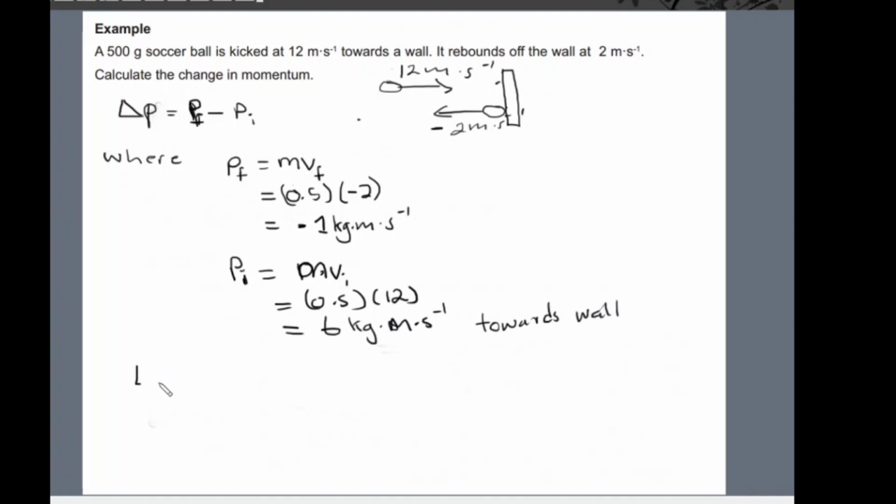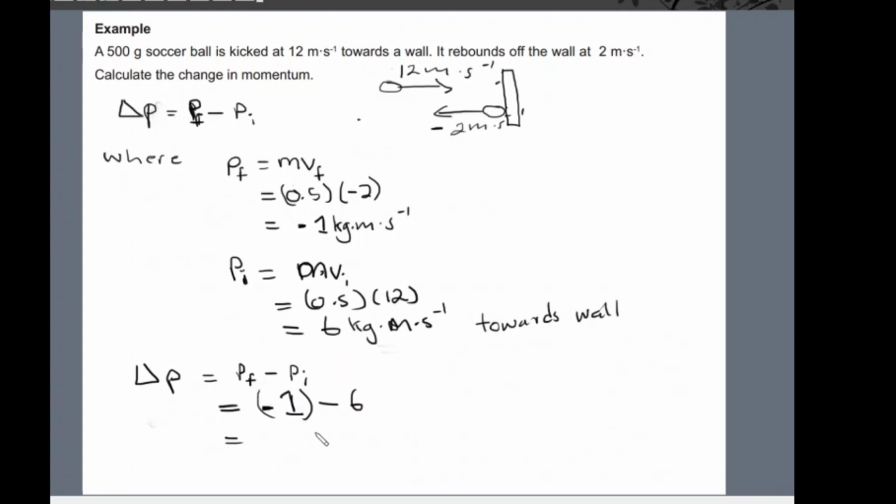right? Therefore the change in momentum is equal to the final momentum minus the initial momentum. The final momentum is negative 1. The initial momentum is 6.